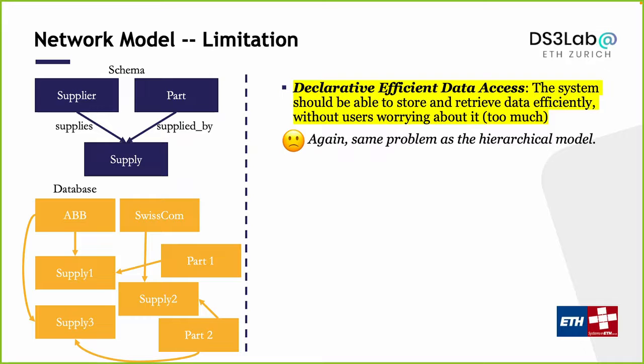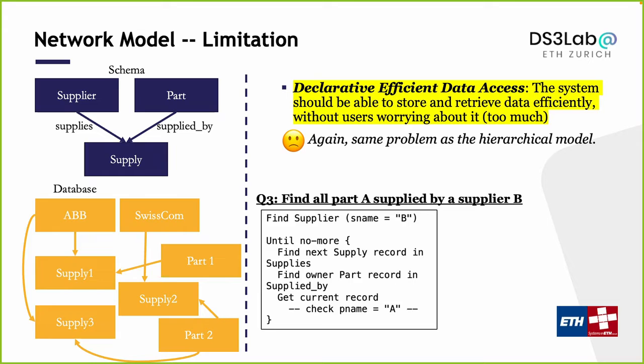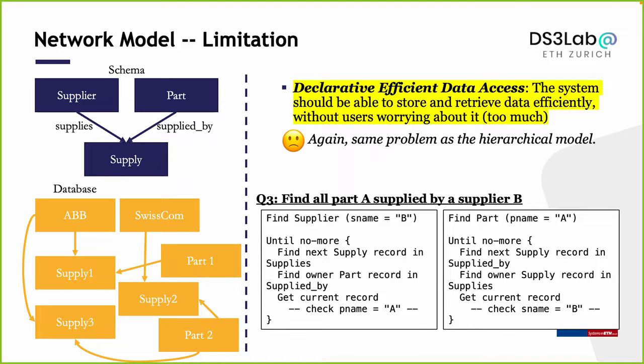And what about this kind of automatic optimization of the performance? Still, the same problem, right? If you have one query, for example, give me all part A supplied by supplier B, you have different implementations. You can pick different starting points in the network.